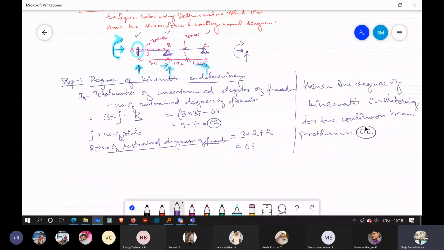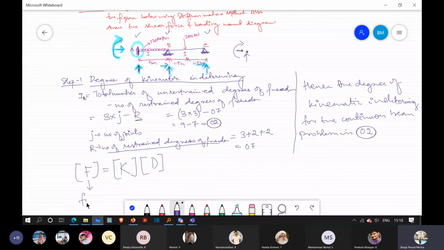Okay, so just like the flexibility matrix method, we have one equation that is to be satisfied. Now what is that equation? That equation is F equals K into D. Now what is this F?